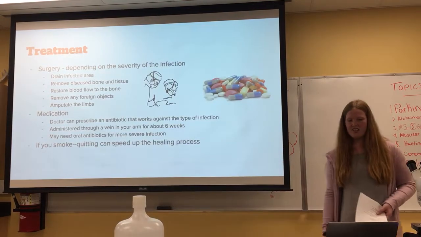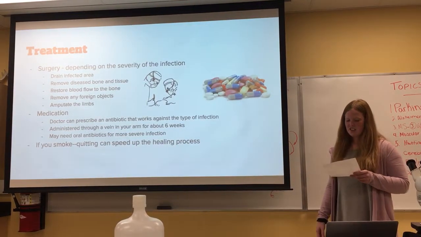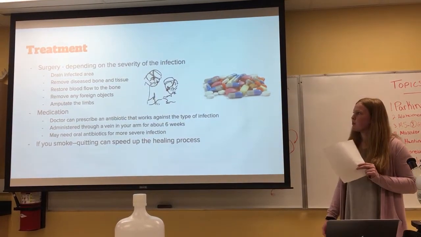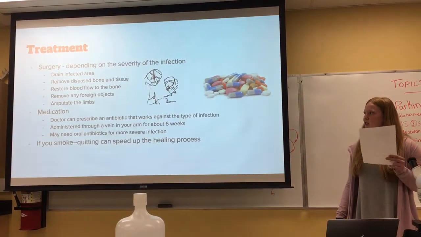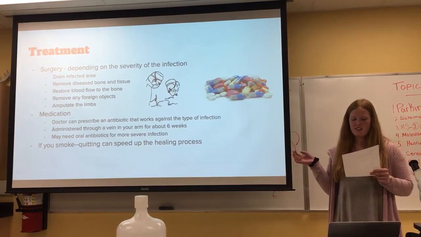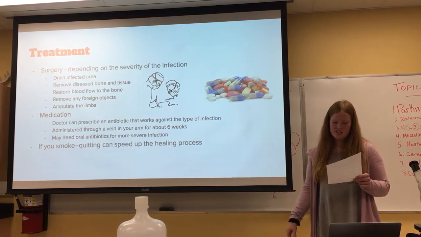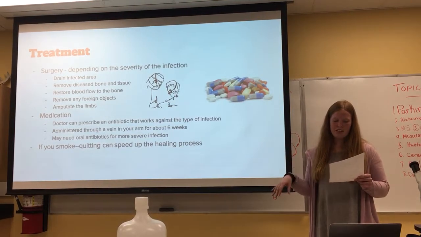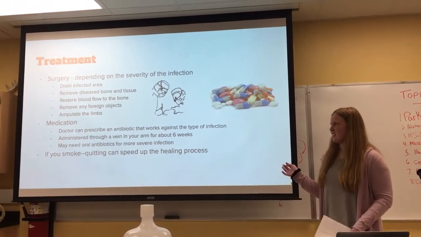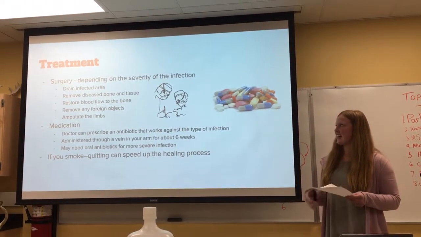And the treatment is surgery. So during surgery, they first drain it, and then they remove the affected area, like the diseased bone and tissue, and then replace it with part of a healthy bone or tissue so that it's still intact.